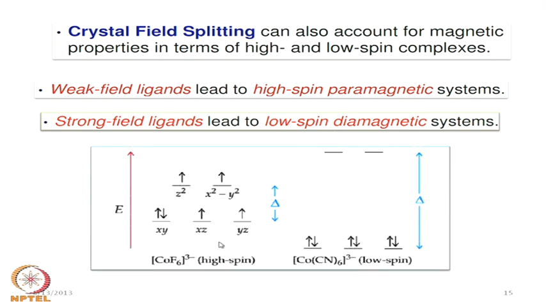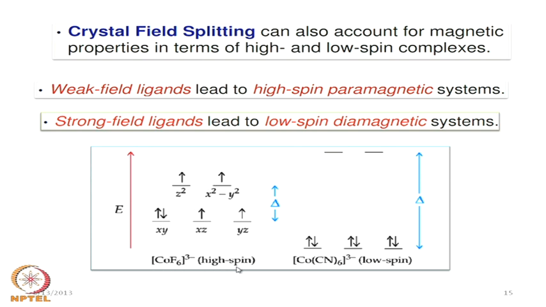So, these are the two situations where we can have the corresponding cobalt hexafluoro and the cobalt hexacyano species. Since the cobalt is in +3 oxidation state, we have the cobalt having 6 electrons, so it is a 3d6 system.